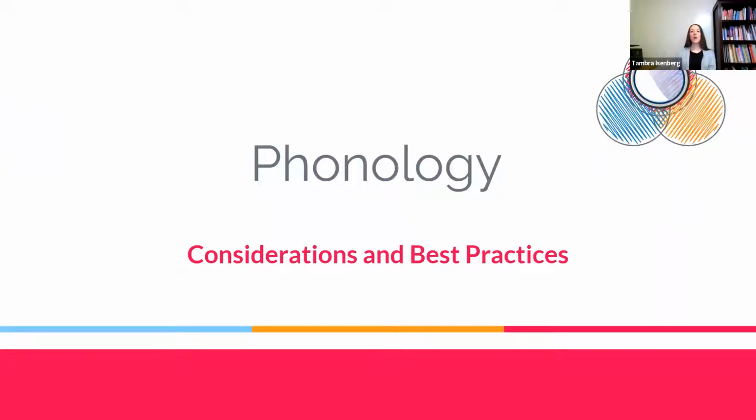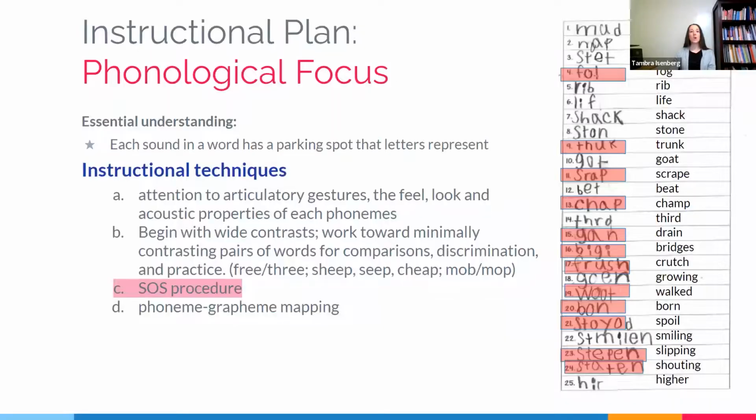So now that we know our students have a need stemming from a phonology issue, what instructional practices are we going to use with students who are experiencing difficulties at that phonological layer of our language? Well, when we're planning instruction with a phonological focus, teacher knowledge is really key, as we've reiterated throughout. It's our biggest weapon against those phonological errors.